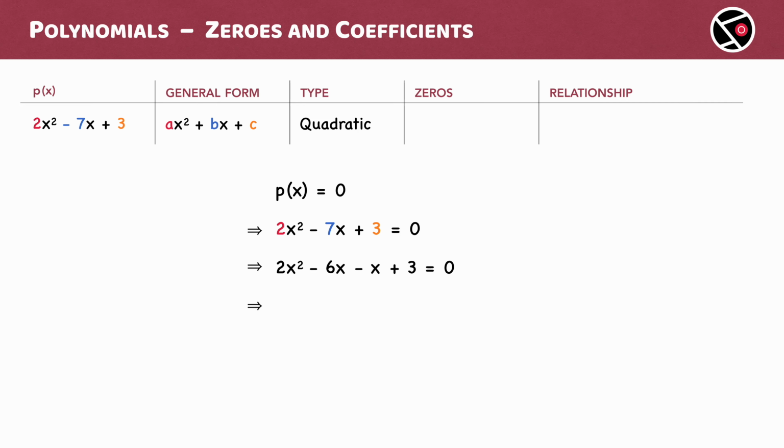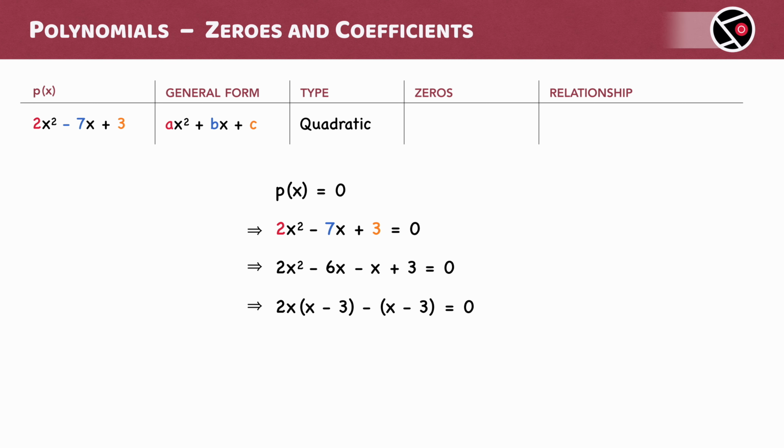From the first two terms, we factor out 2x. So we have 2x times (x minus 3). From the last two terms, we factor out minus 1 and we get minus (x minus 3). And this equals 0.